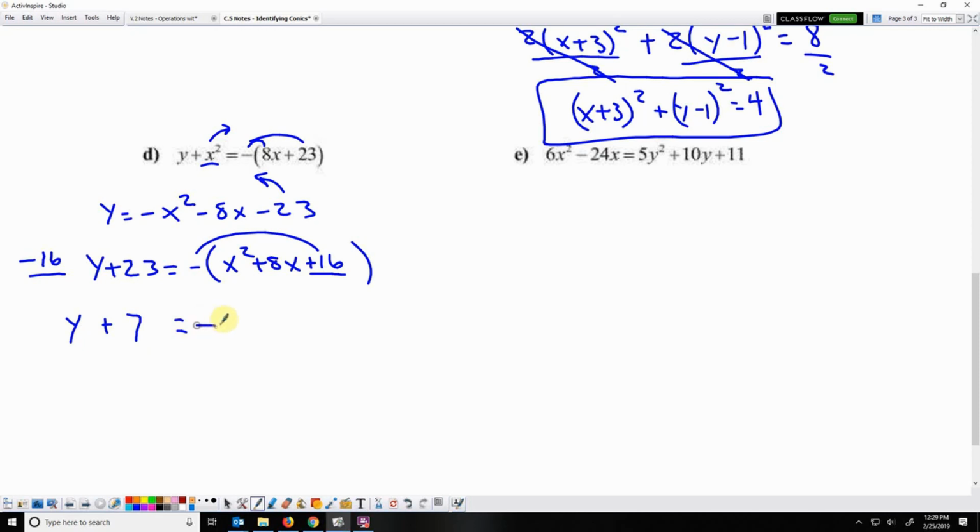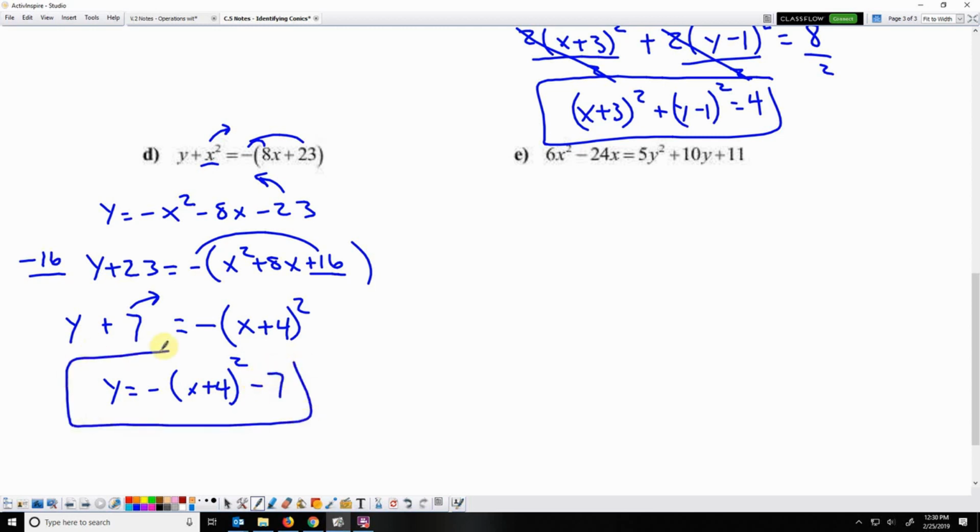Okay? Then I'll factor this square trinomial. Half of b is 8. Half of b is 4. X plus 4 squared. And then I'll move that 7 back to the other side. Y equals the opposite of x plus 4 squared minus 7.